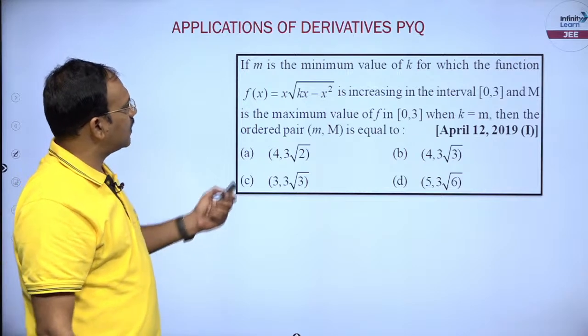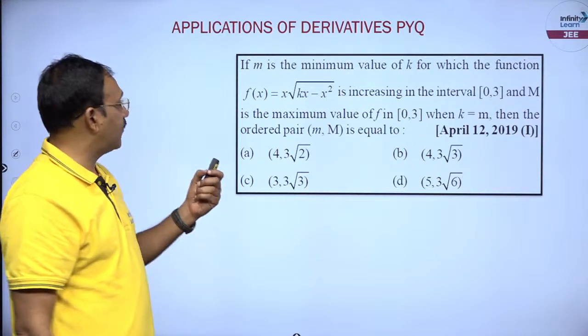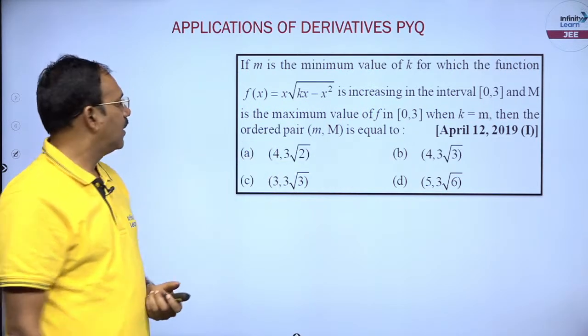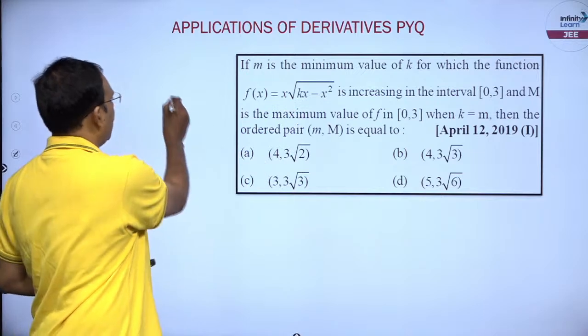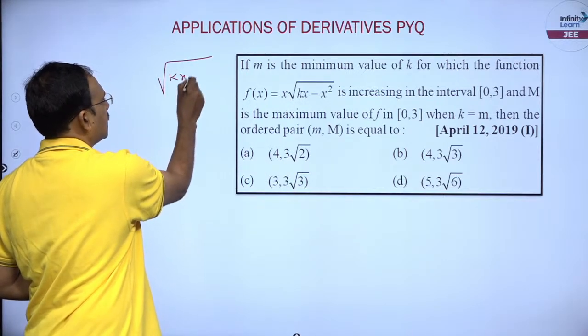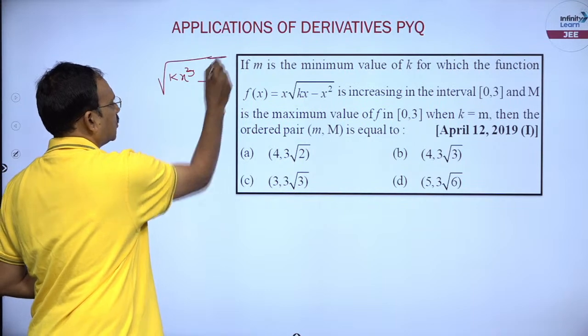Yeah, m is the minimum value of k for which the function f of x is increasing in the interval 0 to 3. And to find the minimum, why do not you take this x inside, because x is anyhow positive, k x cube minus x power 4 is the function.